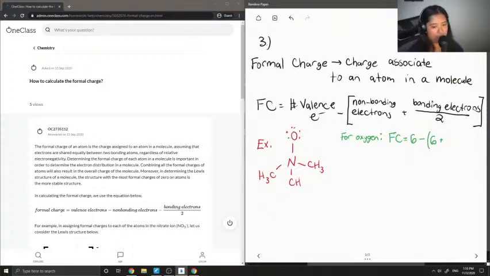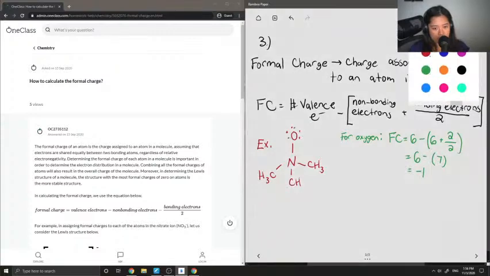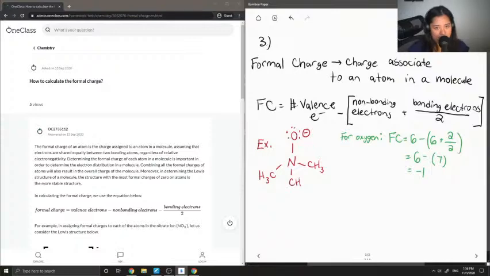There's a bond here that contains 2 electrons, so I'm going to write 2 divided by 2. So it's going to be 6 minus 6 plus 2 over 2. So that is 7. So 6 minus 7 is equal to minus 1. So for oxygen, there's a formal charge of minus 1, so I'm just going to write a negative charge beside the oxygen.